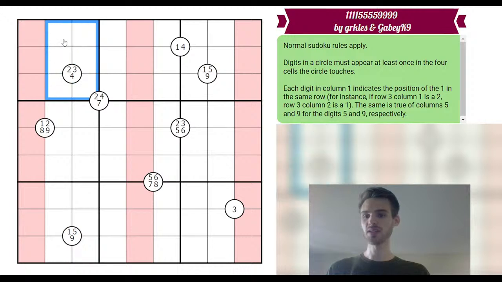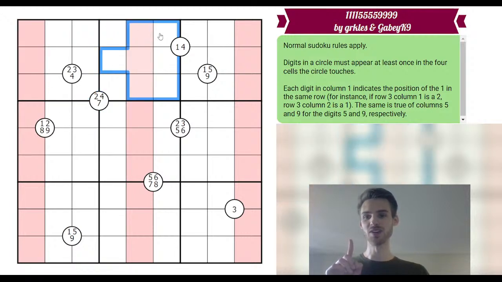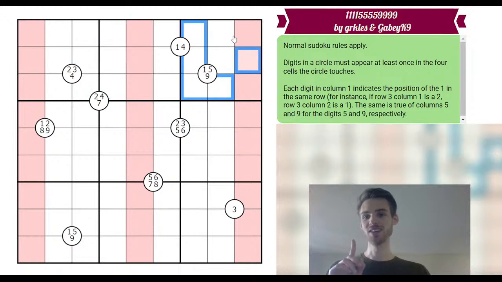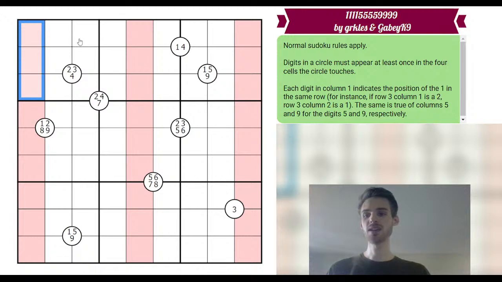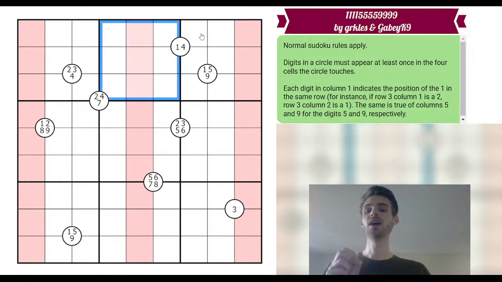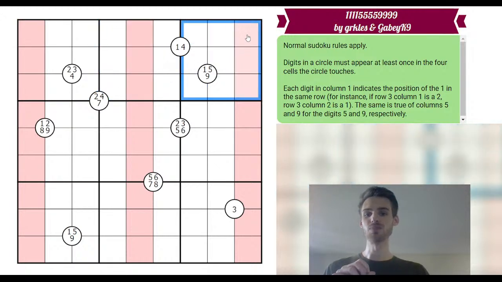So in these cells, there can only be 1 1, 1 9, and 1 5. In this box, there can only be 1 1, 1 5, and 1 9. Same thing for this box. So that means that one of these cells in this set of 3 indexes the 1 in box 1, one of them will index the 1 in box 2, and one of them will index the 1 in box 3.